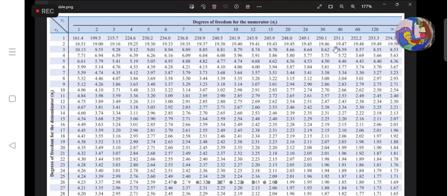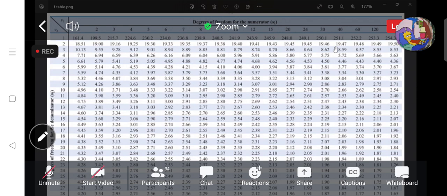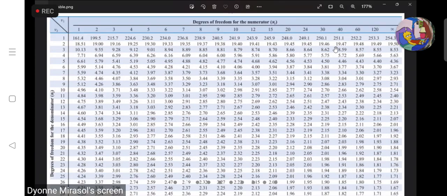For next week, the midterm exams will be face-to-face. The coverage for the midterm exam is whatever we discussed in multiple regression. There are only a few formulas, you can memorize them. Multiple regression only, nothing else included.